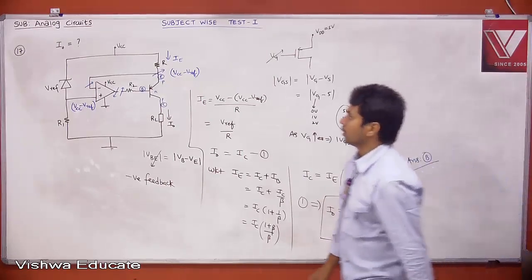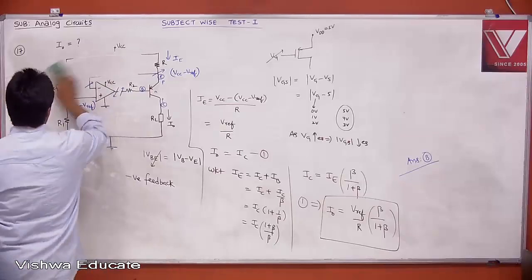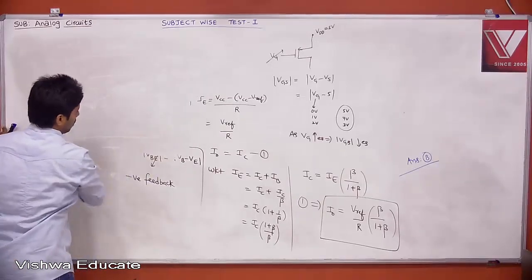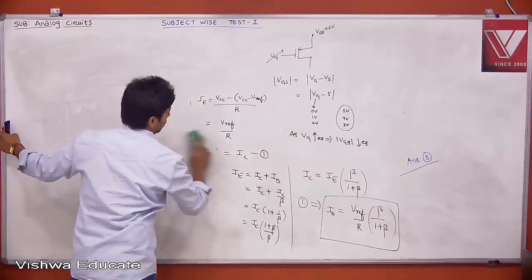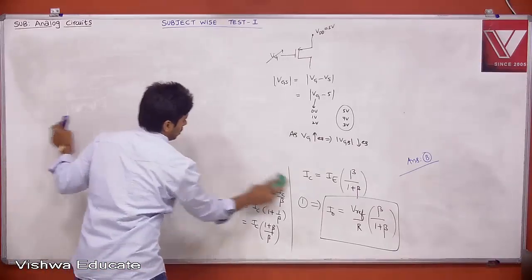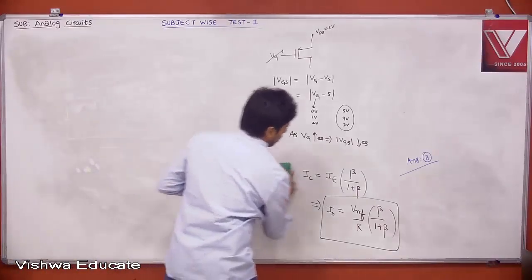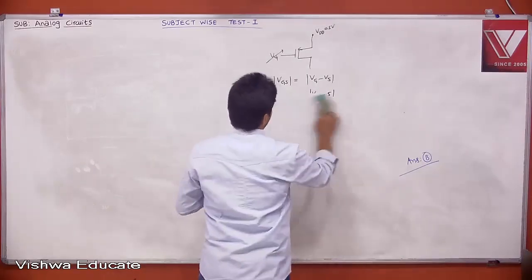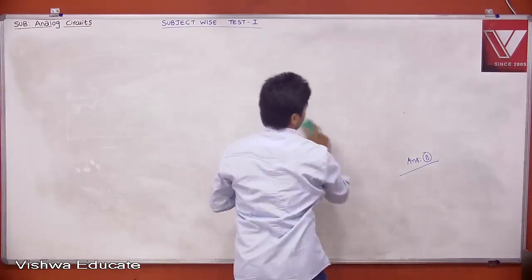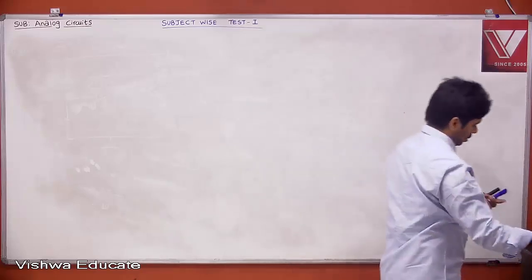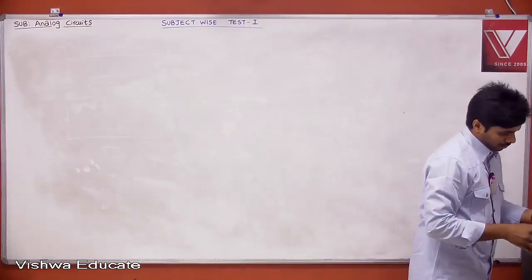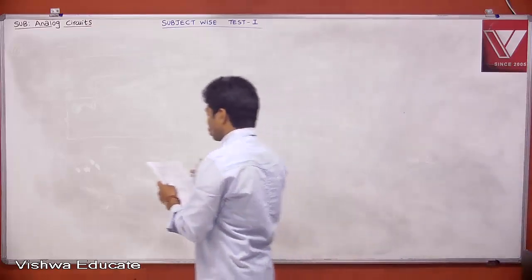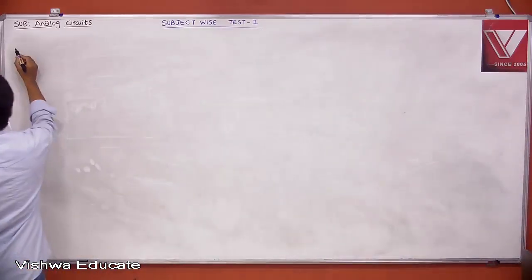Now problem number 18. The circuit shown in the figure has an ideal op amp.